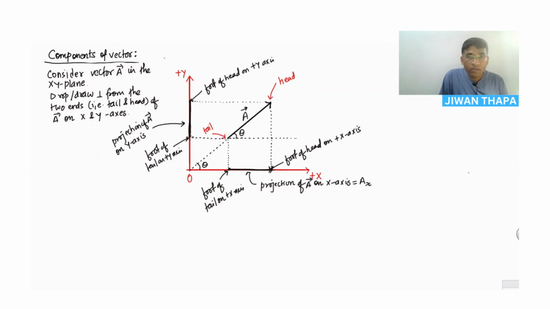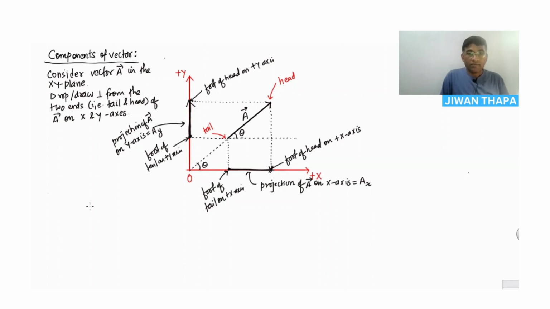If we move in the upward direction, it represents the component of vector A along the positive y-axis. So the projection of vector A on the y-axis is the component of vector A along the positive y-axis.